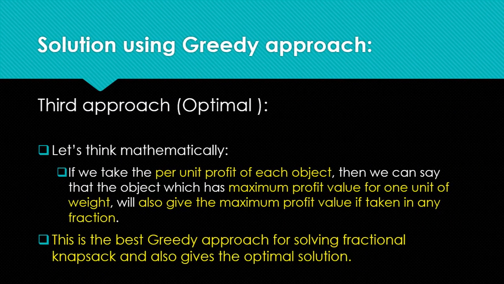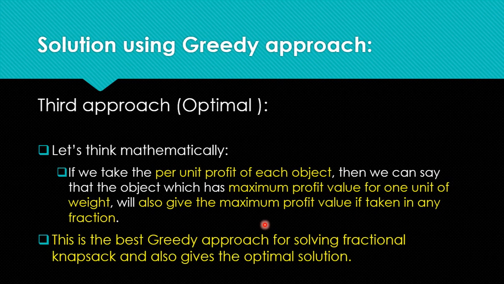Now the third approach. This is the final approach and gives the optimal solution. This uses basic maths. If we take the per unit profit of each object, then the object which gives maximum profit for 1 unit of weight will also give the maximum profit if taken in any fraction, as compared to other objects.